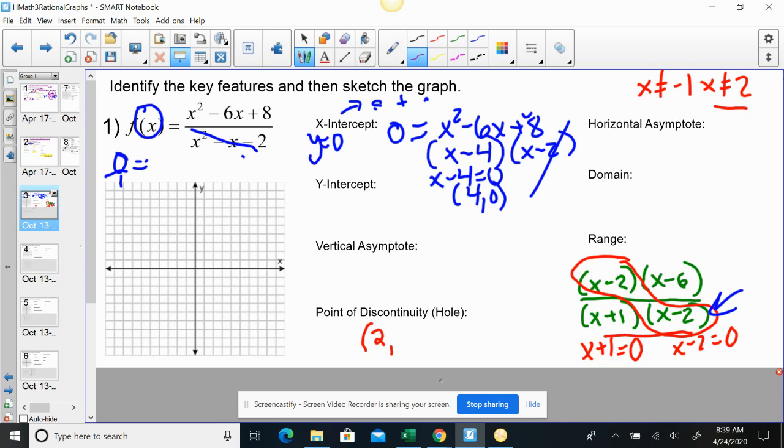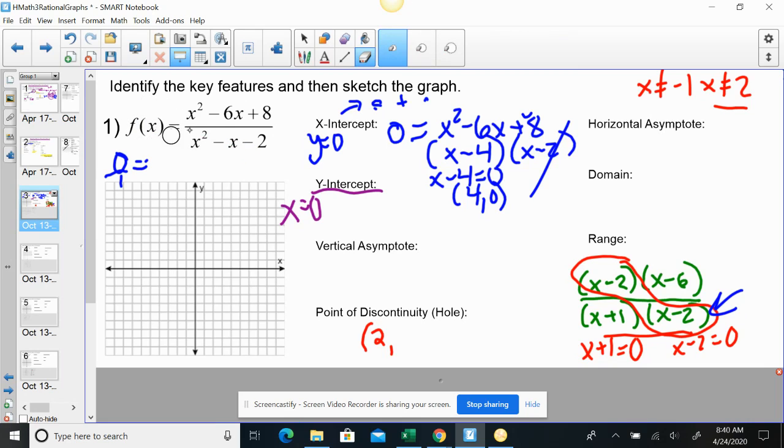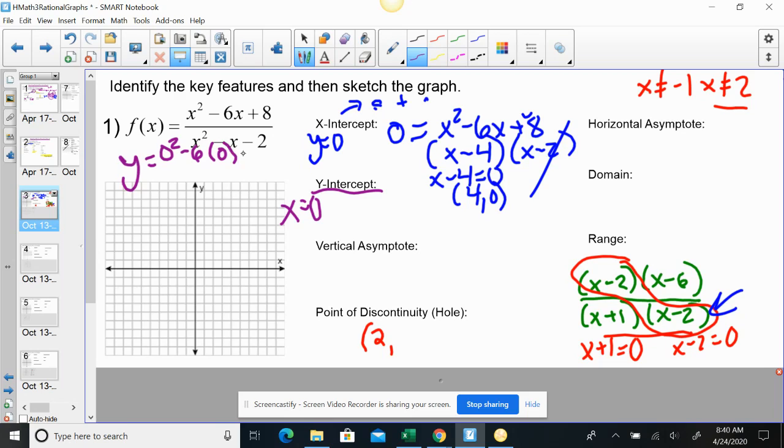All right, similarly, y-intercept means that x is 0. So if I want to solve for y, when x is 0, I'm going to have y equals 0 squared minus 6 times 0 plus 8.